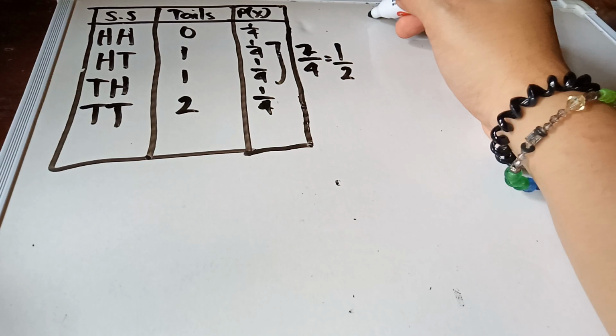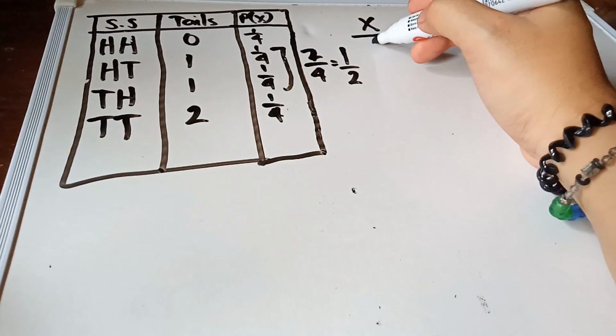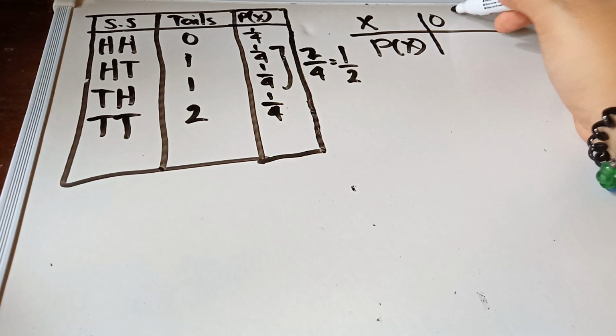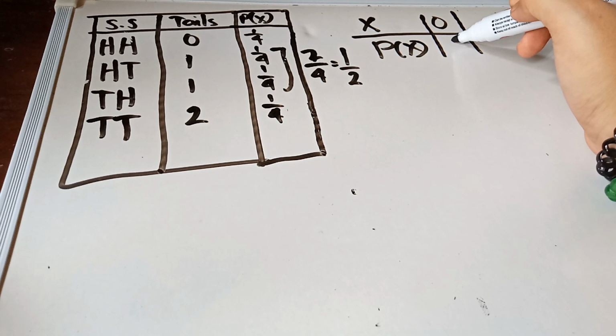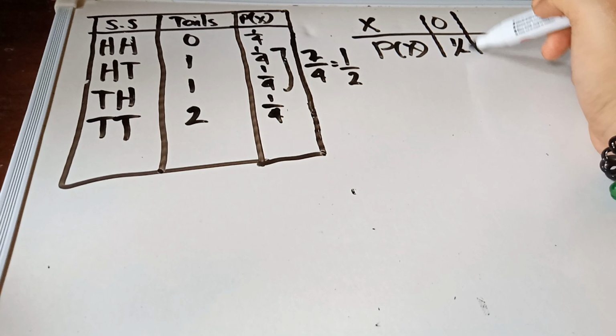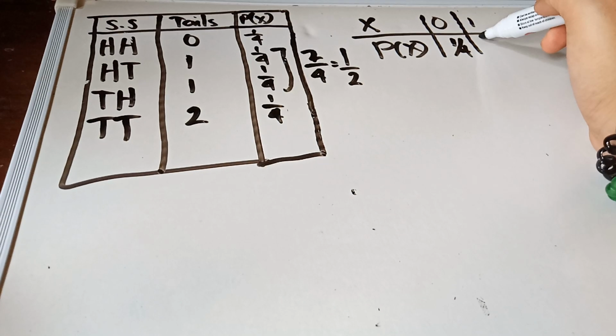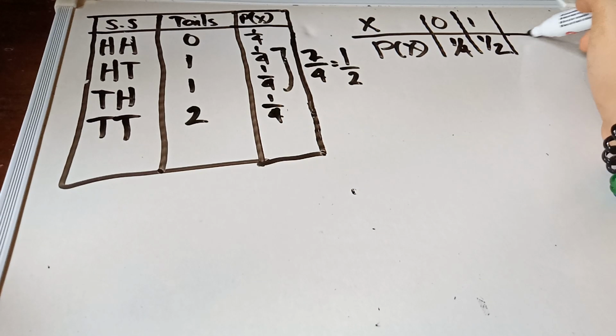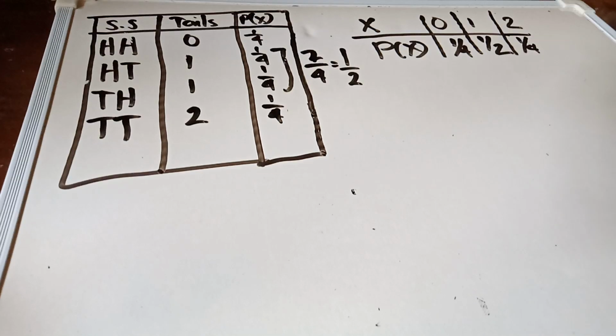So this is our x, probability of x. We start with 0, replaced as 1/4, and 1, replaced as 1/2, and then 2, replaced as 1/4.